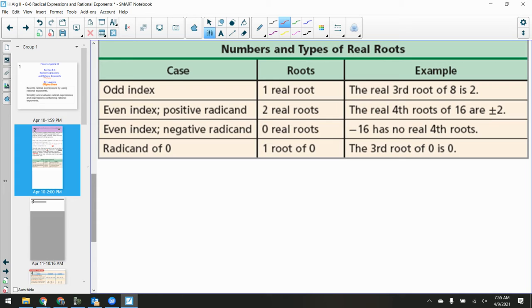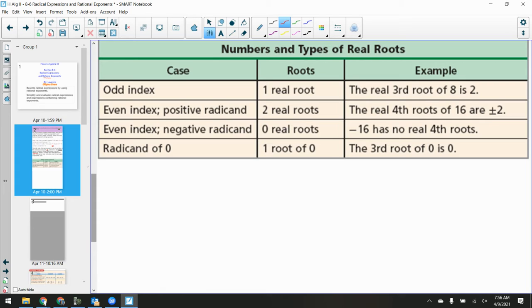If I've got an even index, say a square root or a fourth root, and a positive radicand, then there are two real roots. I've got to consider both the positive and the negative, which makes sense. I look at x squared is equal to 9, I've got to say plus or minus 3, the positive root and the negative root.